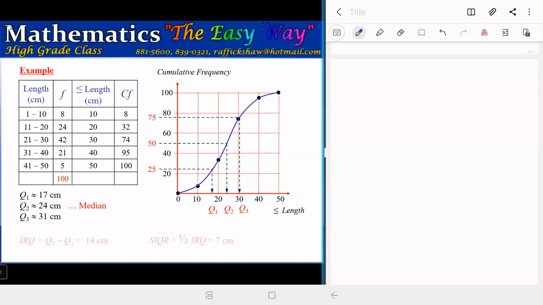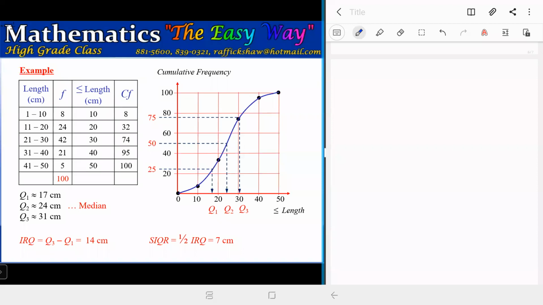And then from that, you can find the interquartile range and the semi-interquartile range. So this is a simple example of it. Now, in addition to finding median and interquartile range, you can also find, as I said, how many data measure a certain length, and what length the number of data is less than or equal to.